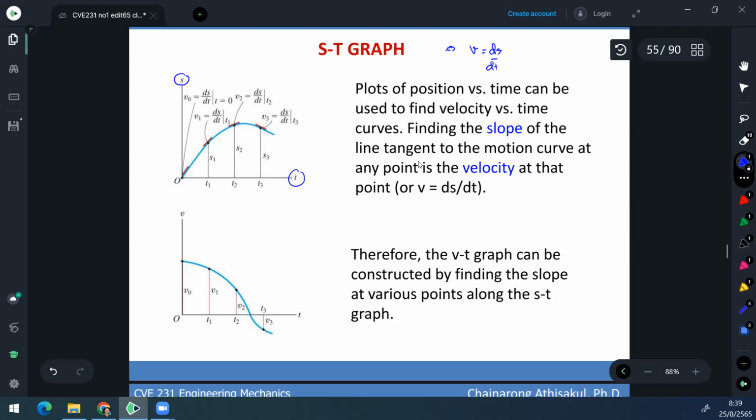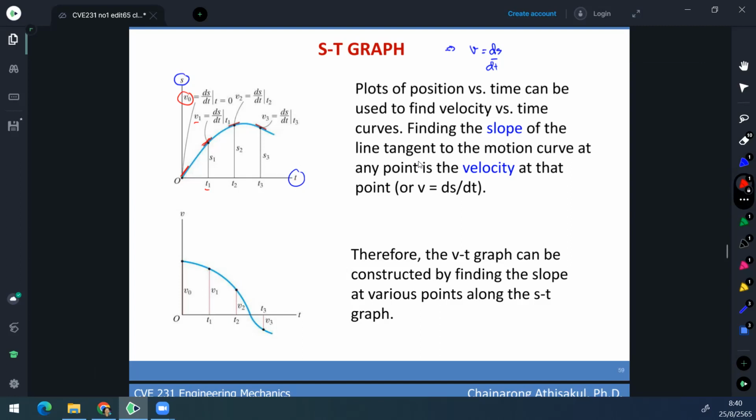In mathematics, the first derivative of a function means the slope of the function. So the slope at any point of the graph represents the velocity at each point of time. When time equals 1, we take the first derivative at this point and get the velocity at this point.